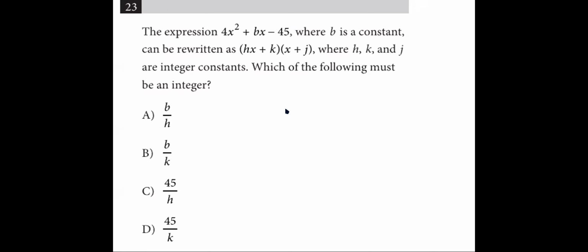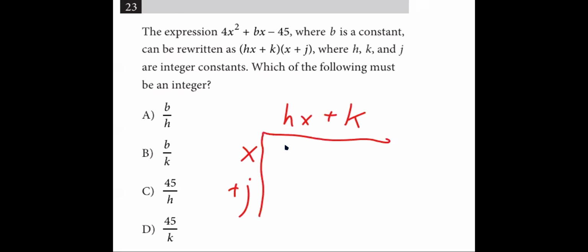So in this case, if we have hx plus k and x plus j, when we multiply them out, we get hx squared, kx, hxj, and kj.